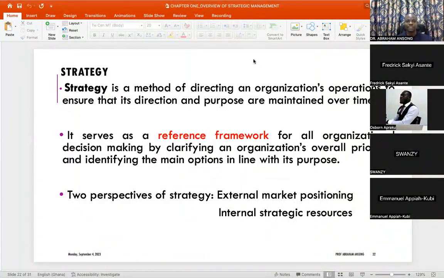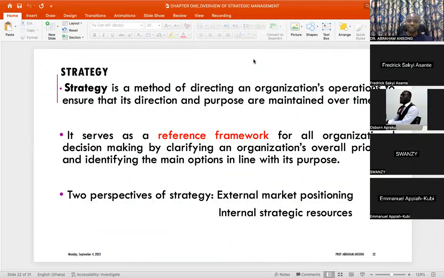Strategy is a method of directing an organization's operations to ensure that its direction and purpose are maintained over time. So a strategy, just like strategic planning, will provide a reference framework so that in whatever decisions we want to make as an organization, we have to go back and find out whether it is in line with the type of strategy that we're seeking to pursue.